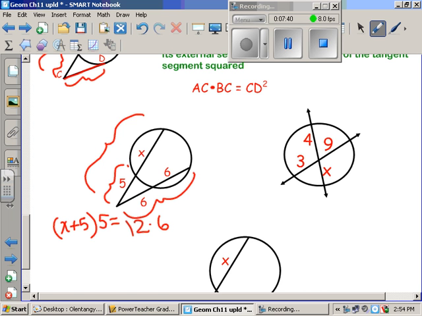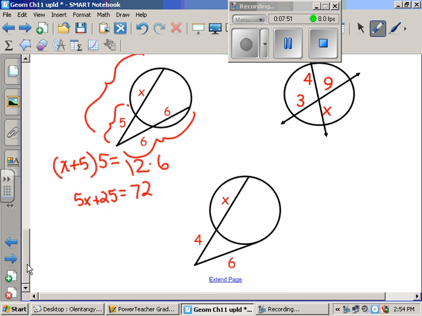So if I distribute, I get 5x plus 25 equals 72. I'm going to subtract 25 from both sides, and I get 5x equals 47. So x is equal to 9 2/5.